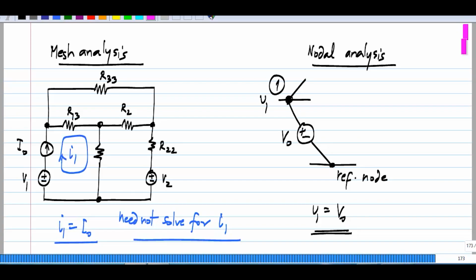Similarly, in mesh analysis also, if you have current sources in many branches of the circuit, you may have to form a super mesh, which is a combination of more than two meshes. Okay, so all of this is possible, and these situations are analogous. That's why I'm not considering them in great detail, and I'm going relatively quickly through them.